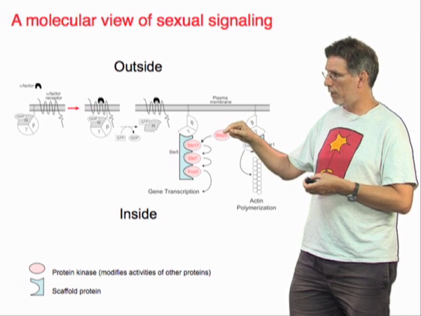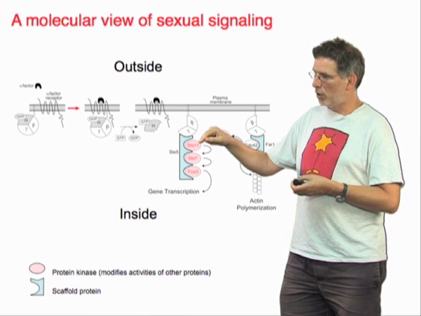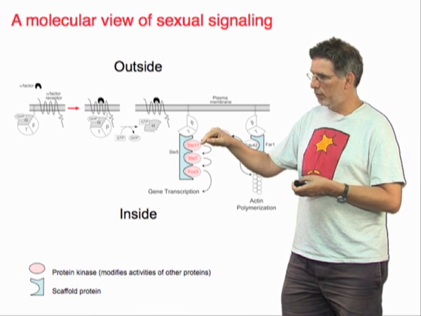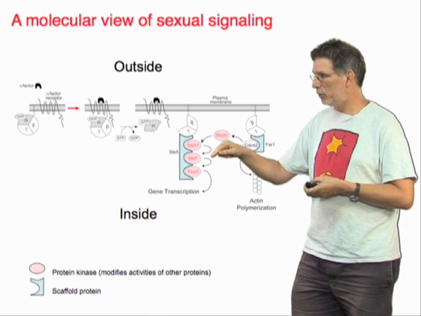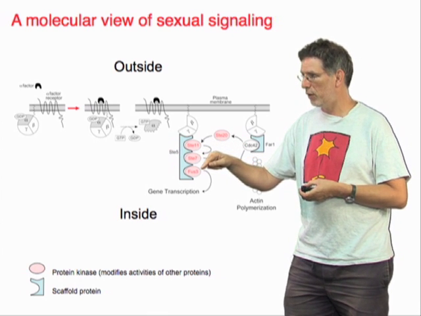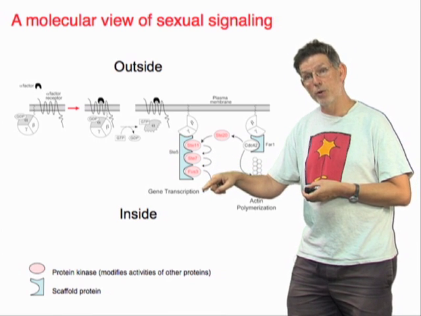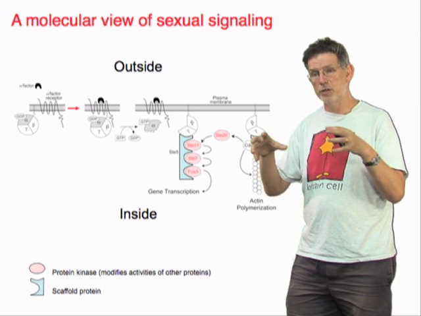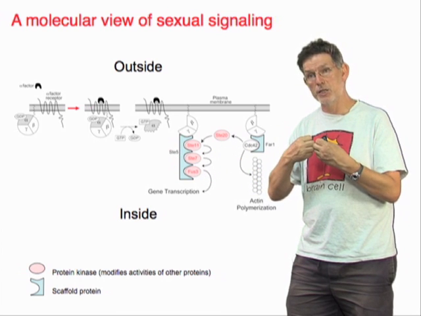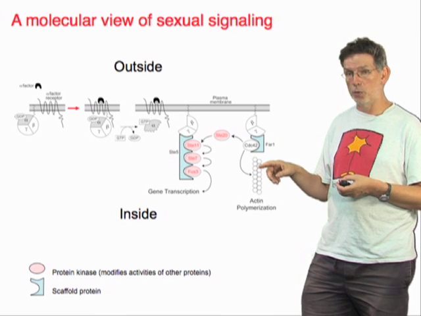So sterile 20 is a protein kinase that modifies the structure and activity of sterile 11, which in turn modifies the structure and activity of sterile 7, which in turn modifies the structure and activity of Fuz3, and ultimately this leads to the transcription of genes that are required for cells to mate with each other, and it leads to the cell cycle arrest so that the two cells are both in the same part of the cell cycle when they mate with each other. Okay? So this is how signaling works.